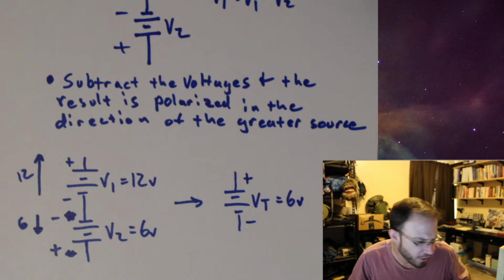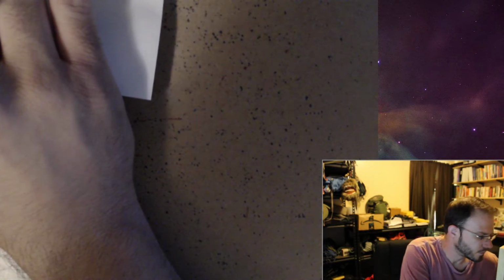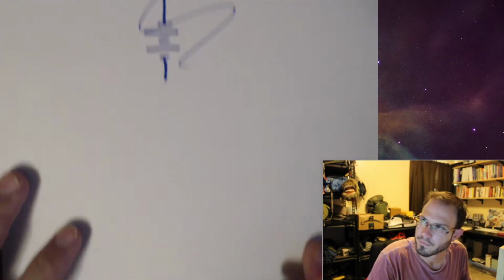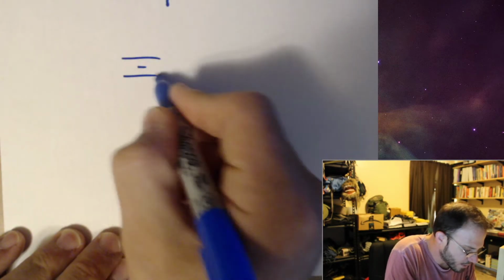Let me go ahead and flip the two. I'm going to reuse that sheet that I messed up on. Okay, so let's go ahead and set up the same thing.